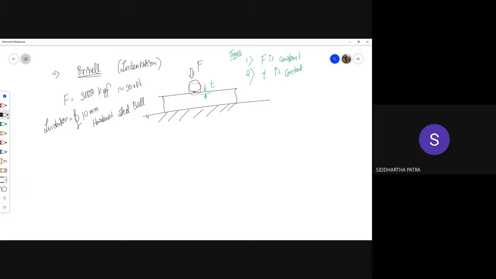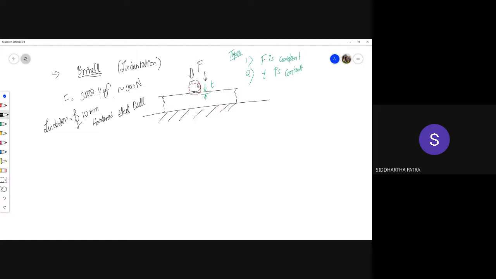But the indenter is supposed to be much harder compared to the material of the specimen that you are testing. Otherwise, what would happen? Because of the force that you are applying, the indenter would deform along with the specimen, and you are measuring the indentation by the downward movement of the indenter.